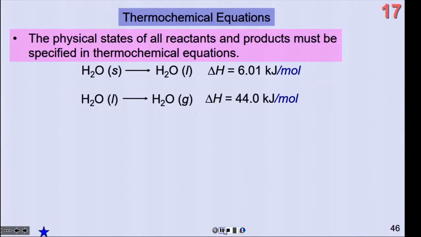That would be a heat of vaporization instead of fusion in this case. So vaporization has that value. Nobody's memorizing it, but there it is. And the first one is melting, or the heat of fusion. Notice the phases always have to be specified when we're looking at these things.